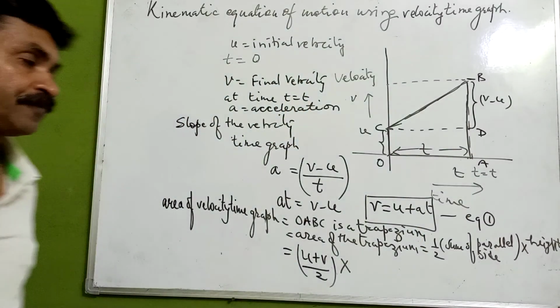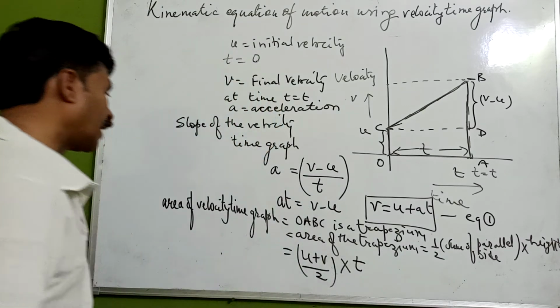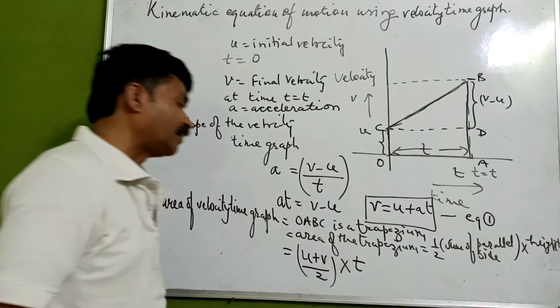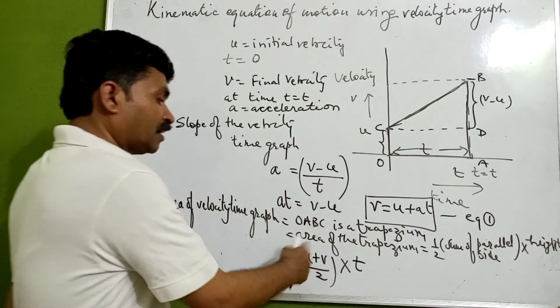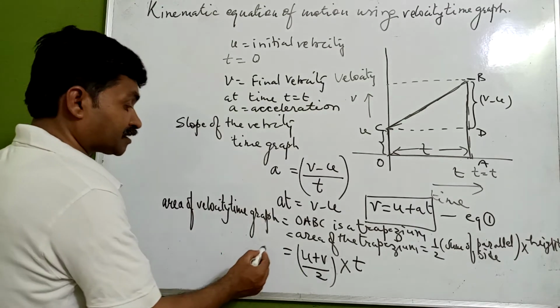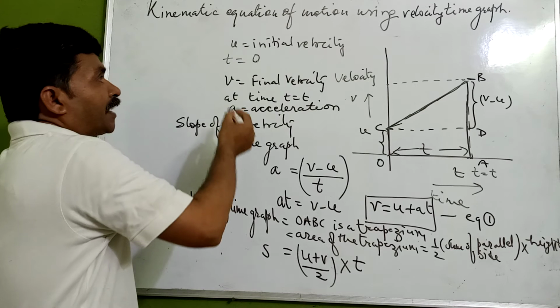So finally what we have got is this. Now when we talk about the area of the velocity time graph, we are multiplying velocity with time. It is the displacement or the distance, and we assume that it has covered s.